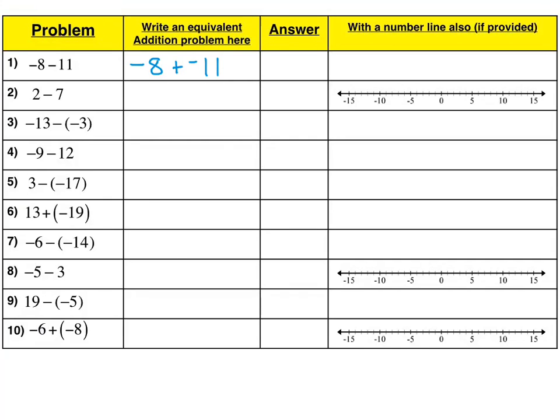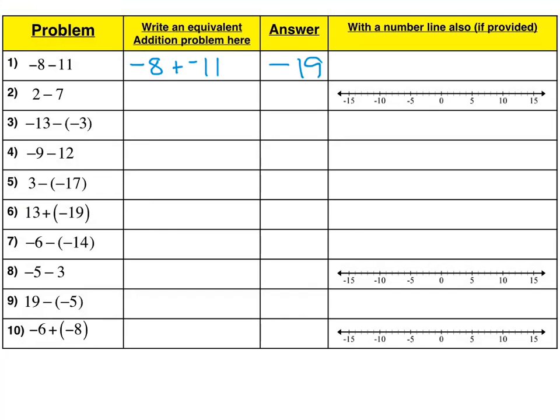Then next to that, we would write the answer. So Miro, I would write what as the answer? Negative 19. Good. Because we have 19 negatives and 0 positives. We have 19 more negatives than positives. There's not a number line for that one, so we don't have to do the number line.